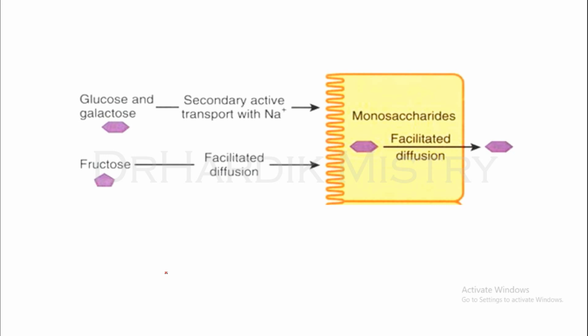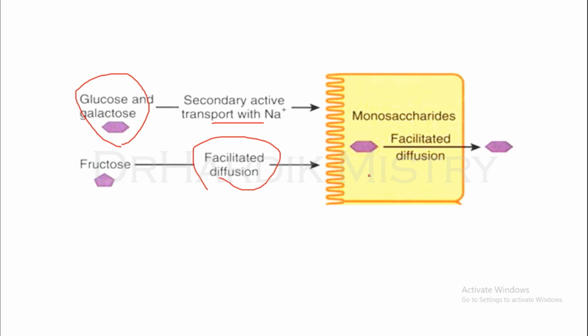Now how does the absorption of the different carbohydrate materials occur from the intestine into the blood vessel? Glucose and galactose enter the intestinal luminal cell via secondary active transport with the sodium ion, and fructose enters the intestinal luminal cell via facilitated diffusion. So inside the luminal intestinal cell, glucose, galactose and fructose are there.